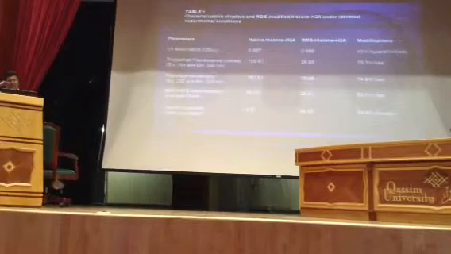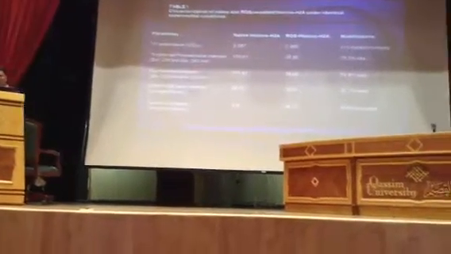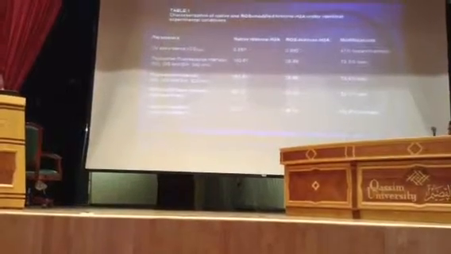And this table shows the complete characterization of native and ROS modified histone H2A under identical experimental conditions.